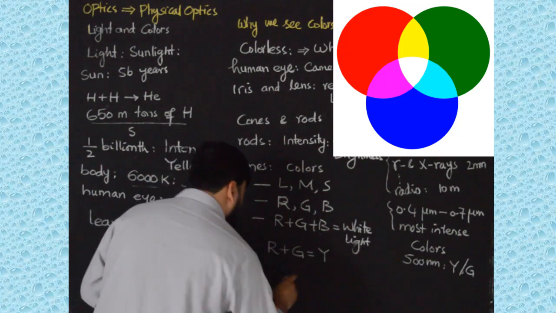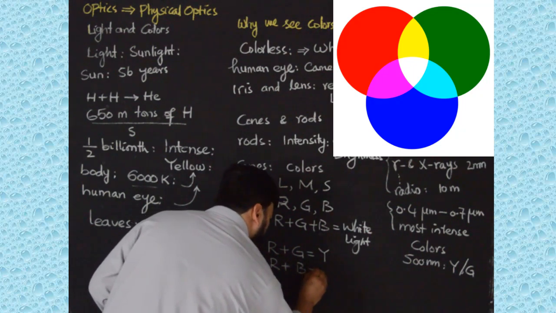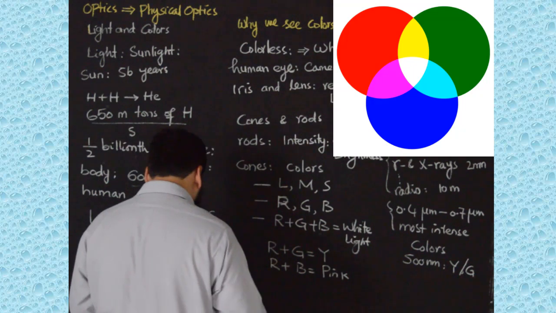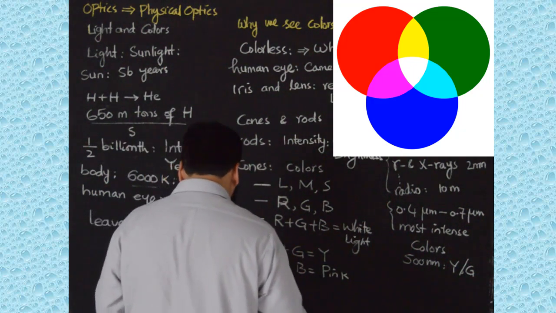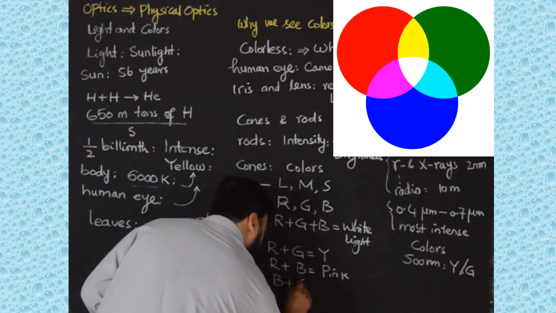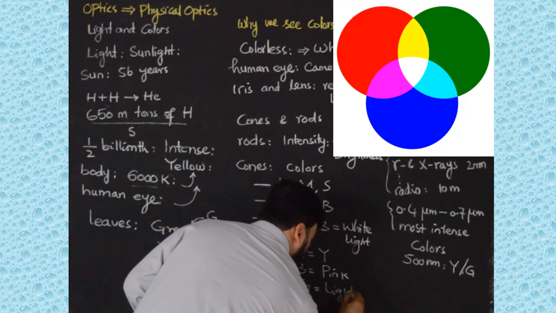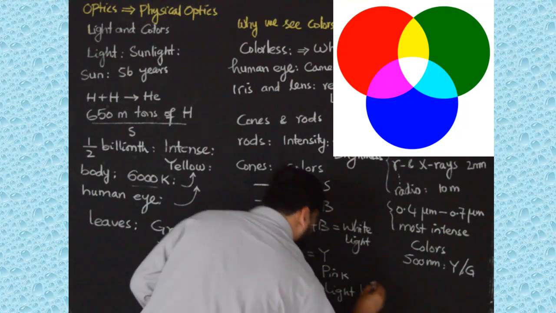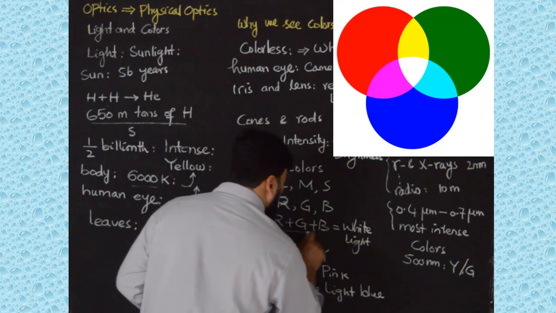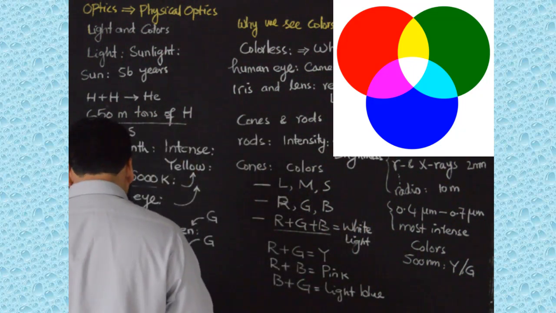If I merge red with the blue color, then I will have the pink color. Similarly, if I merge blue with green, then I will have a light blue color. And if I merge the three, then I will have white light.